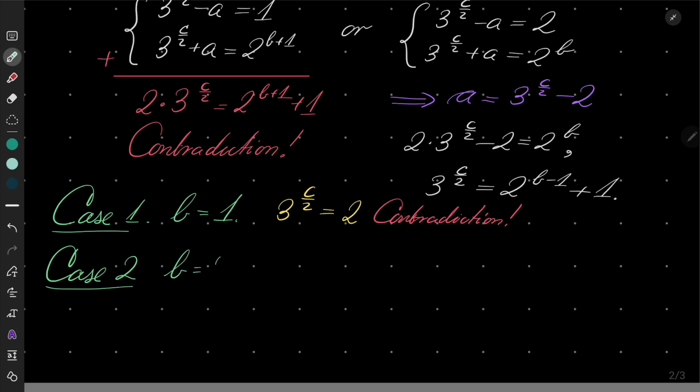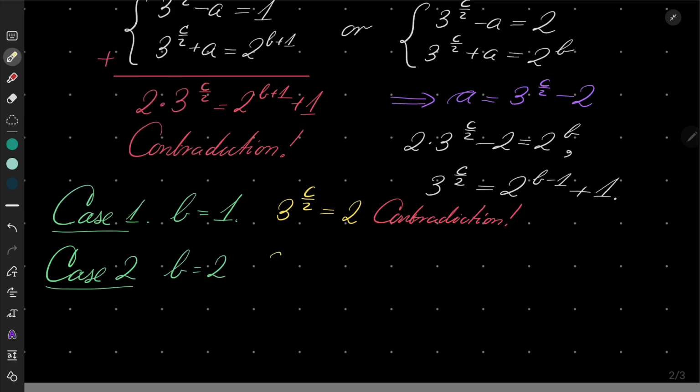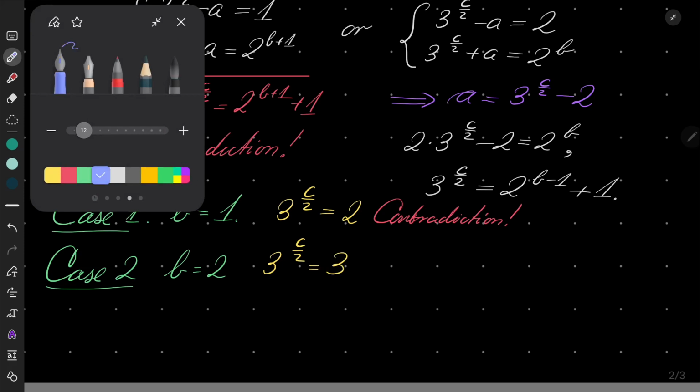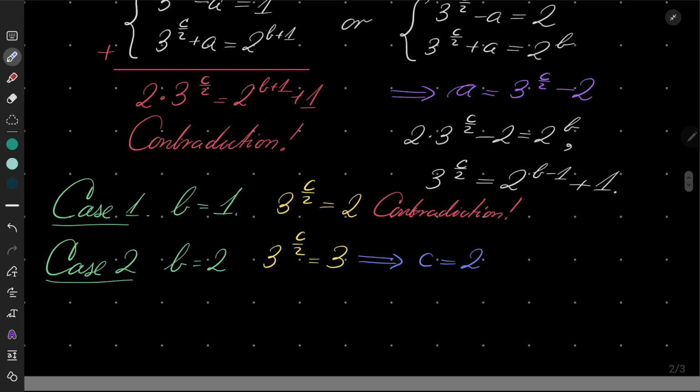When b equals 2, then we have the following. 3 to the power c over 2 equals 2 plus 1 equals 3. And now we have some solutions. Namely, c equals 2. And remember that a was 3 to the power c over 2 minus 2.